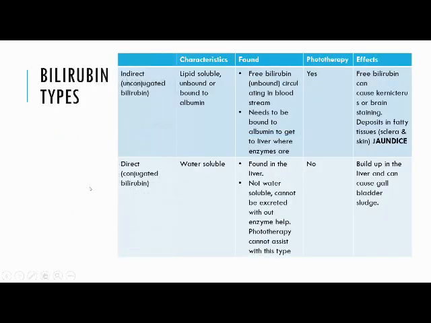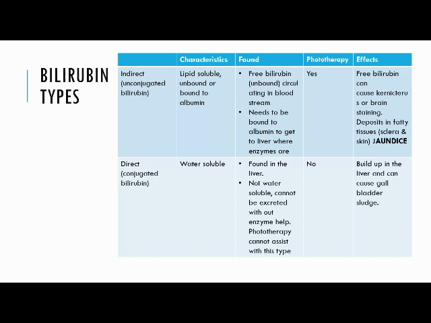This is just another way to look at the different types of bilirubin, the unconjugated and the conjugated. Just in table form, there's no real new information on this slide. It just talks about the characteristics of it, kind of where it's found. So again, indirect bilirubin is lipid soluble. It can be unbound as free bilirubin or bound to albumin.